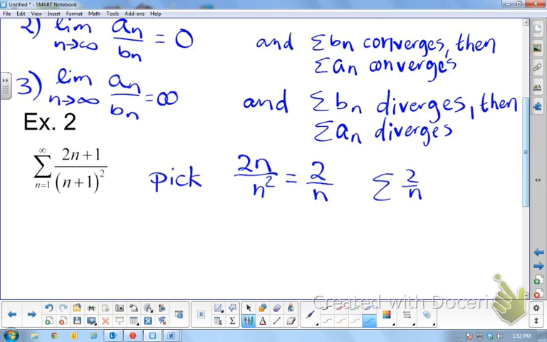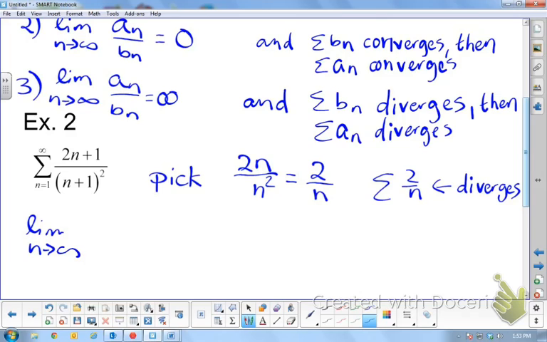This diverges. So, we're hoping for case 1 or case 3 to happen. We either want our limit to come out as a constant because then both things diverge, or case 3, infinity, so that a sub n would also diverge. So we need to do our limit now.